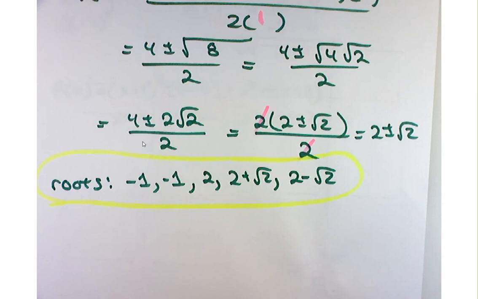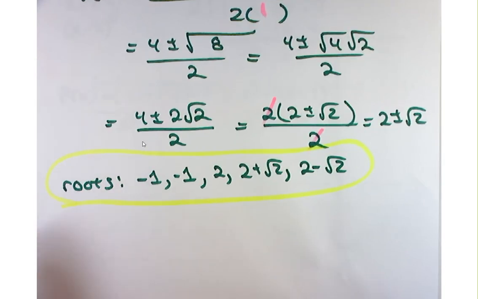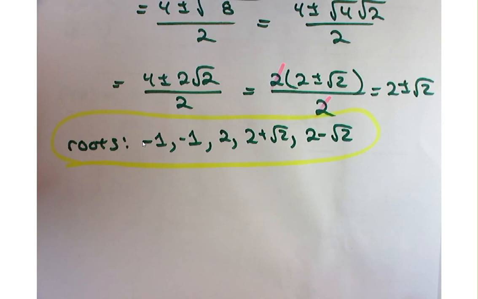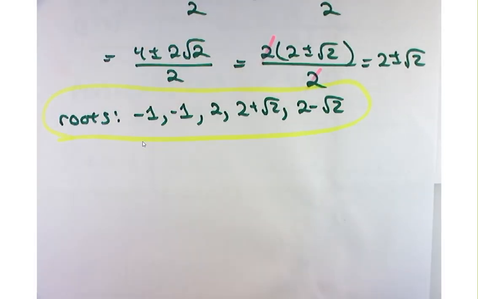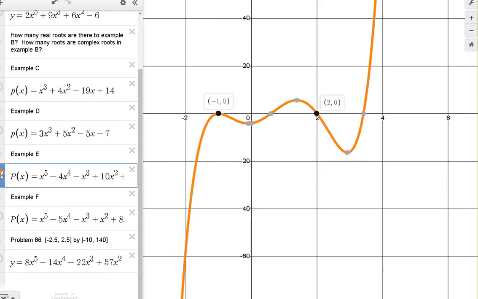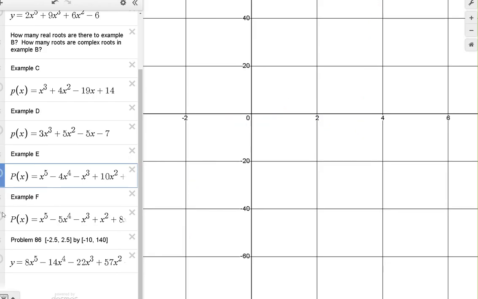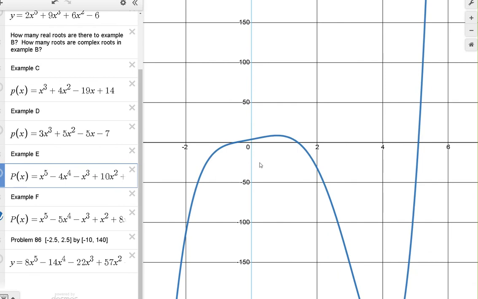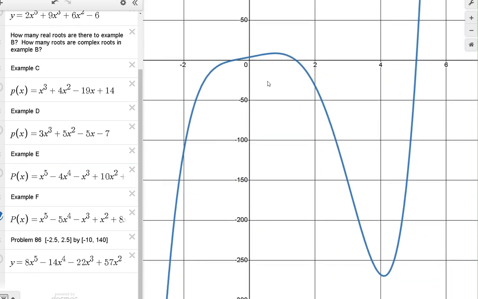Anything else on example E here? All right. Let's turn our attention to example F. And let me see if I can't get us a better graph here. Yeah, that looks pretty good.